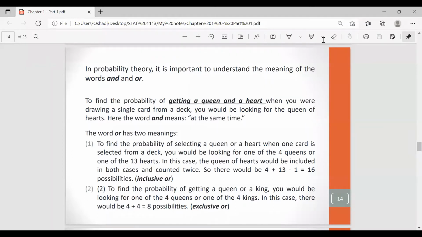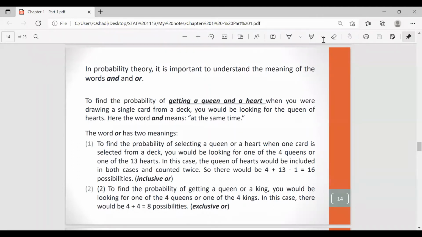So this case is called inclusive OR, right? And in the second case, to find the probability of getting queen or king, there are no intersection there. So it's called an exclusive event.